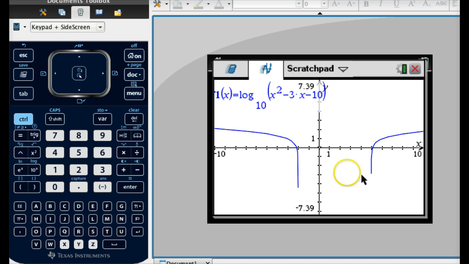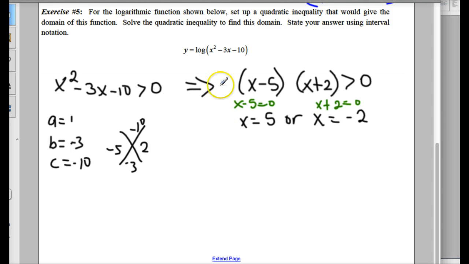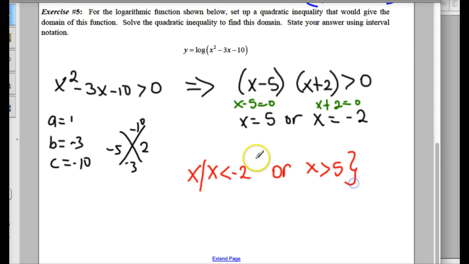We had -2 and +5. From -2, everything that's less is on the left, because my graph is on the left, and at +5 the graph is going to the right, increasing. So when I write my final notation, it would be x such that x is less than -2, or x is greater than 5.